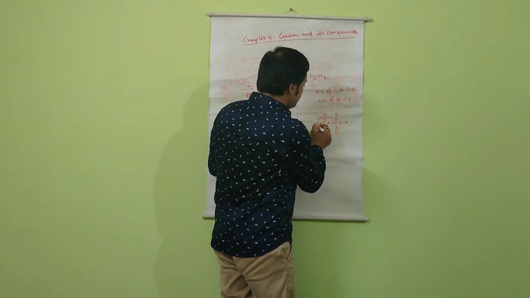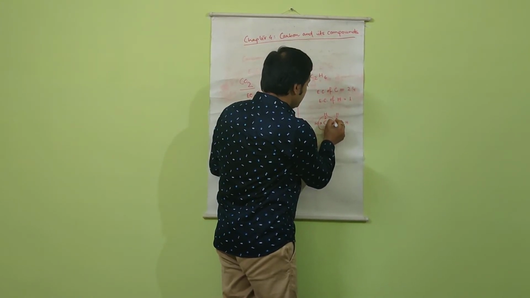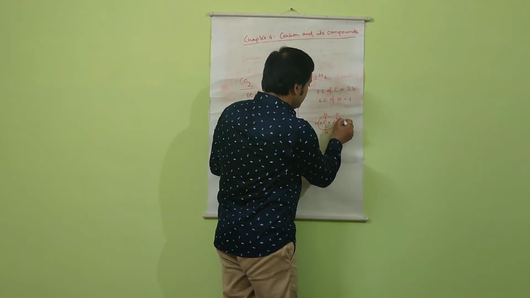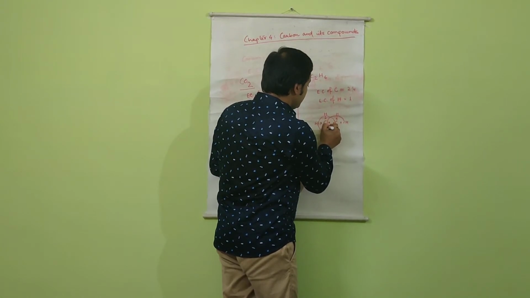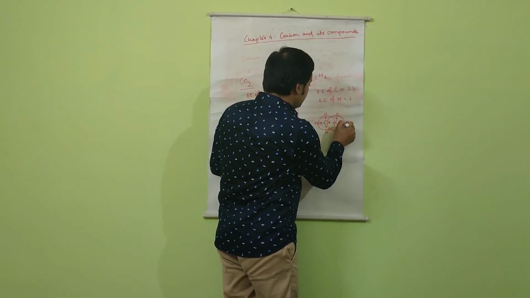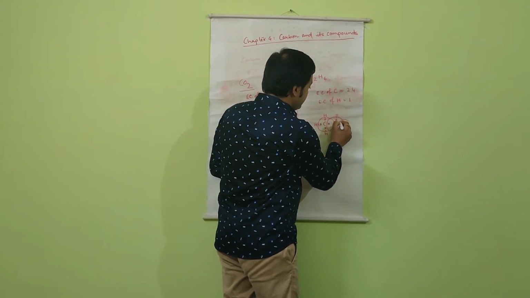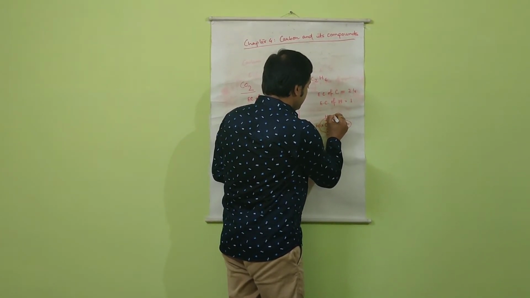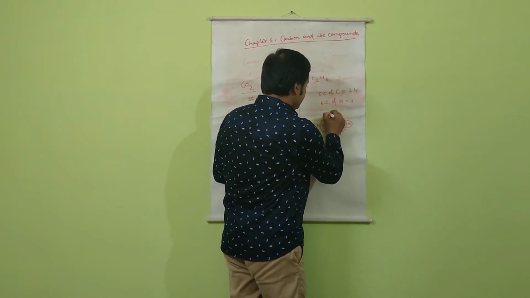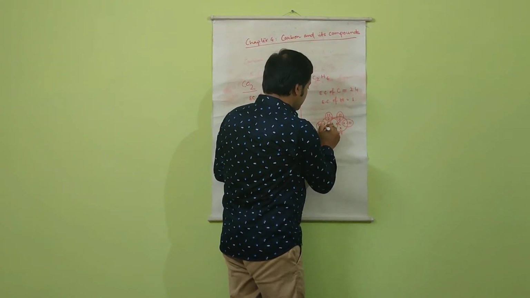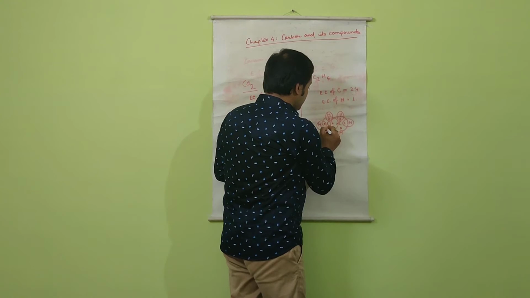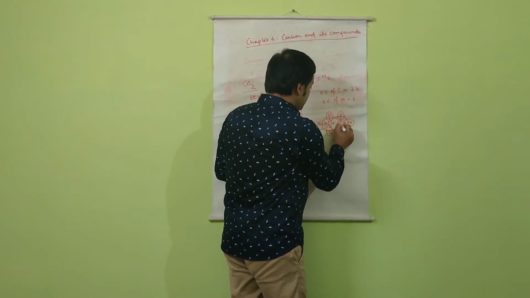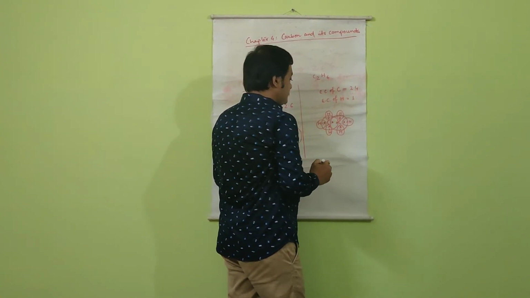For this carbon, here we see the octet is completed, and for this carbon, here we see the octet is completed. And for all the hydrogen atoms, we see that the doublet configuration is obtained. So in this way, the molecule attains its stability.